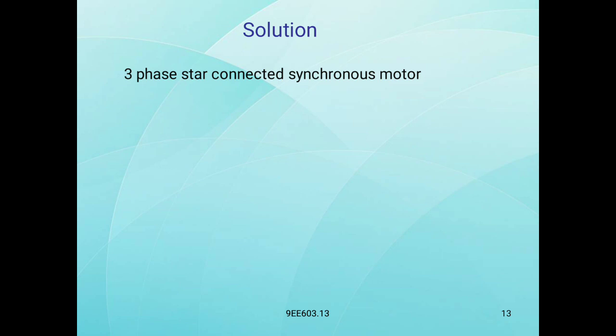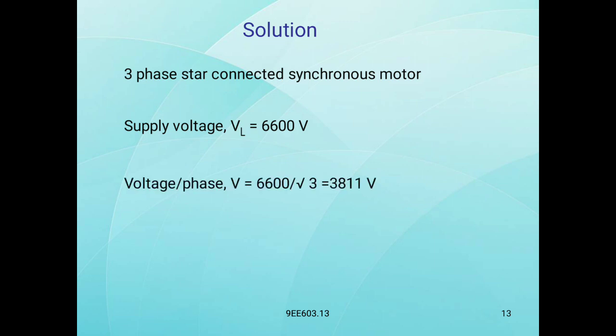For a three-phase star connected synchronous motor, supply voltage VL is equal to 6600 volts, and voltage per phase V is equal to 6600 by root 3, that is 3811 volts.